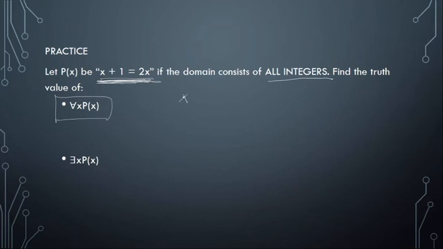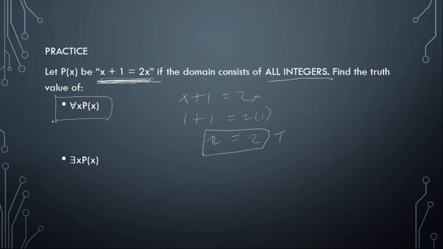So, x plus 1 equals 2x. Give me a value of x. 1 plus 1 equals 2 times 1. So, 1 plus 1 equals 2, then 2 times 1 equals 2. So, it is true.